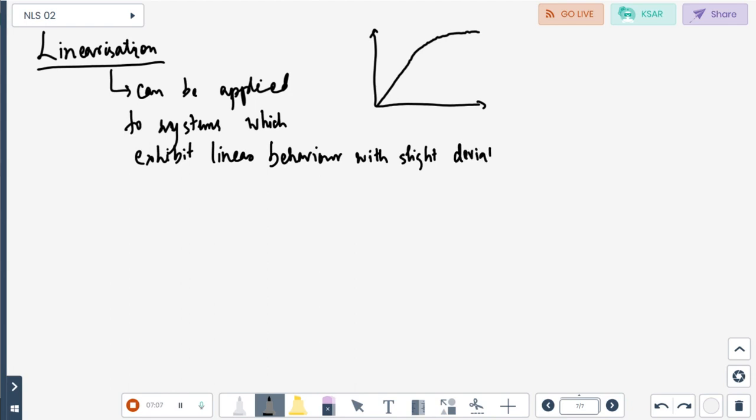So there is a nonlinearity, but there is a hint of linearity as well in the system.